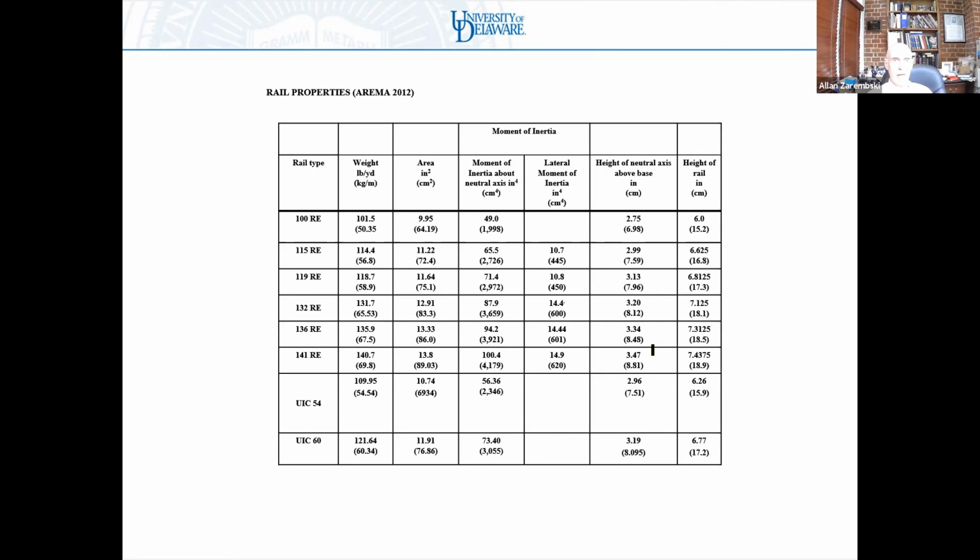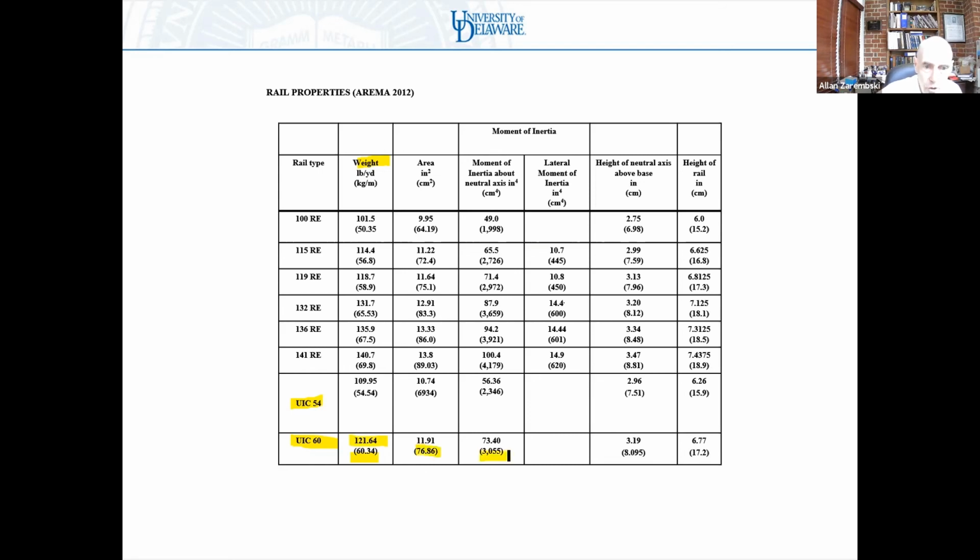We talked about the properties of the rail. You've seen this already before, but we haven't gone through all of them. So let's look at UIC 60 or UIC 54. We have the weight in kilograms per meter, or pounds per yard. We have the area. We have the moment of inertia.